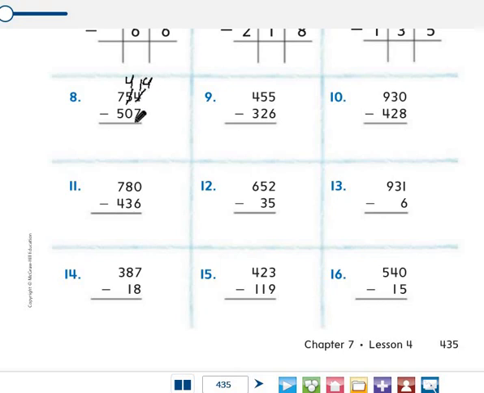So 14 minus 7 equals 7. Now 4 minus 0 equals 4. 7 minus 5 equals 2. So the difference is 247.